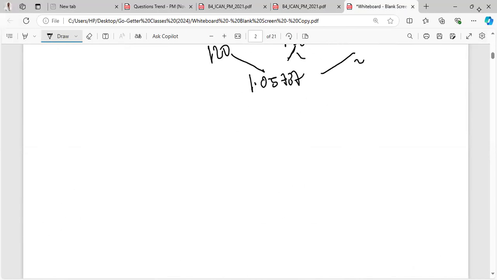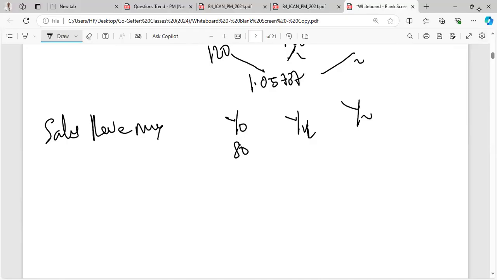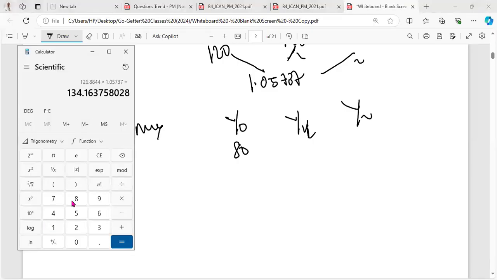So this is your sales revenue. We have year 0, which is 80. This is year 1. This is year 2. So we are saying it's growing by this amount. So I will simply say 80 multiplied by 1.05737 is going to be 84.59.